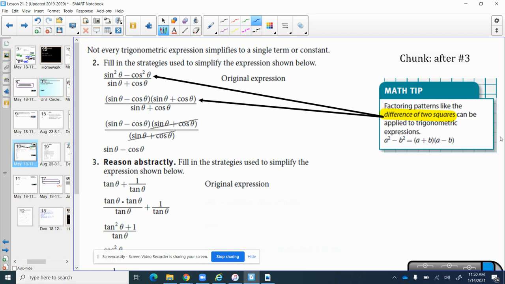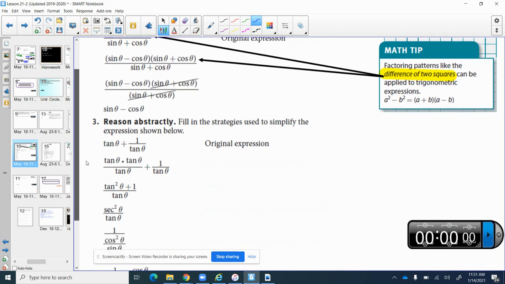Going back to our original strategies, factoring, including a difference of 2 squares, may be helpful. So we can factor sine squared minus cosine squared to be sine minus cosine and sine plus cosine. Difference of 2 squares is reviewed over to the right here. Now we can cancel these expressions with each other, and as simplified as this will get is just sine minus cosine.